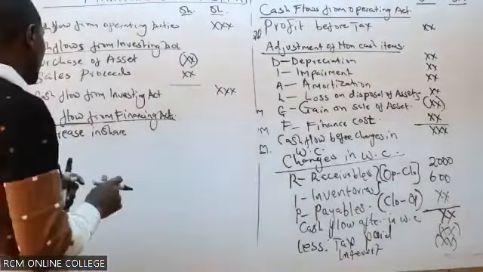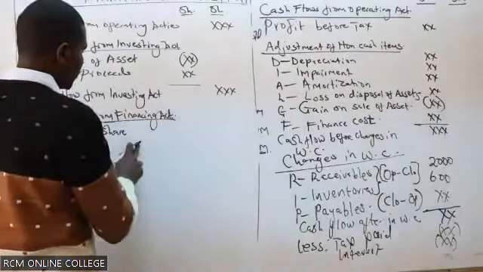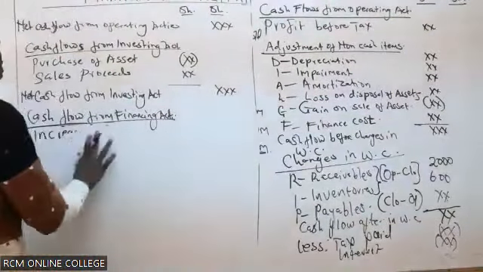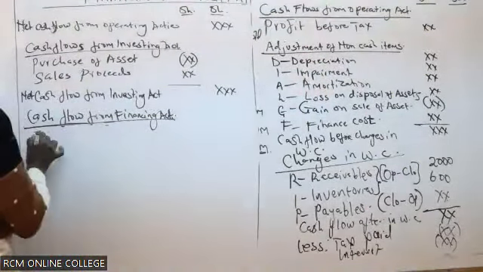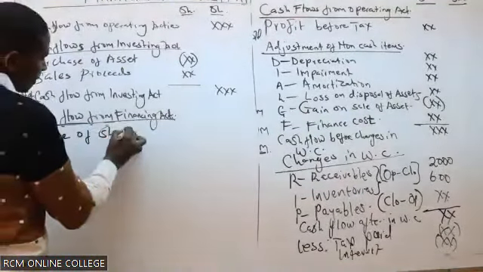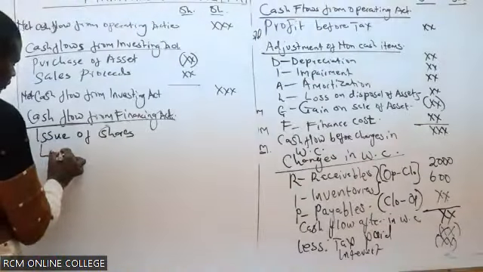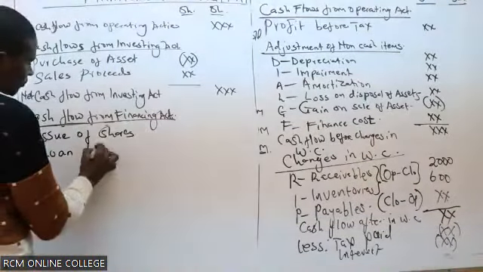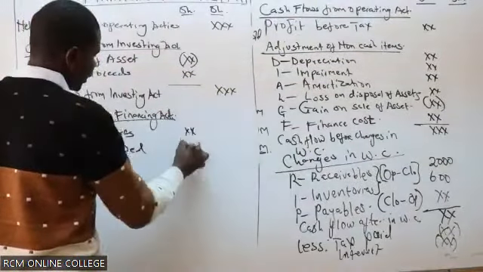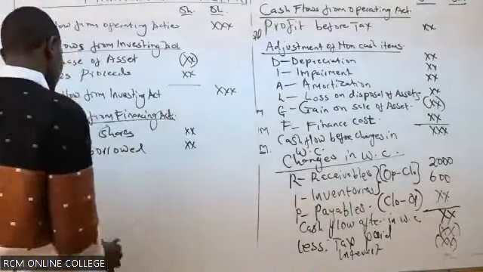Good. Increase in share or issue of share. Let me just go with the issue of share. Loan borrowed. So when we issue shares, our cash ina increase. Tukiomba loan ina increase.